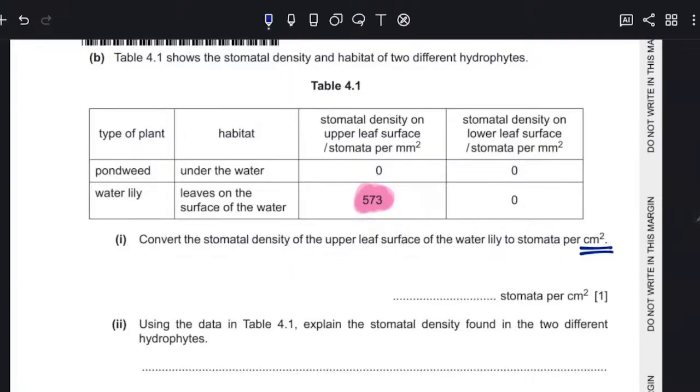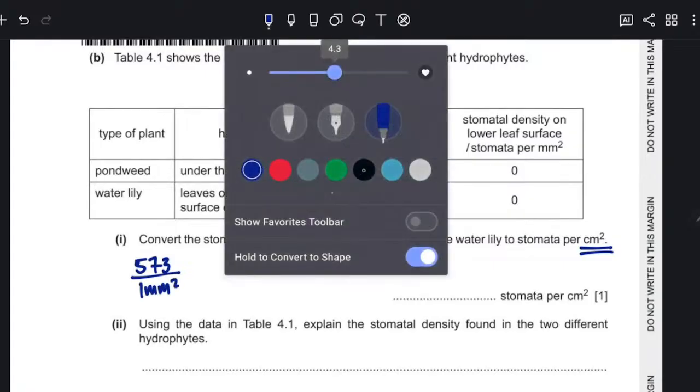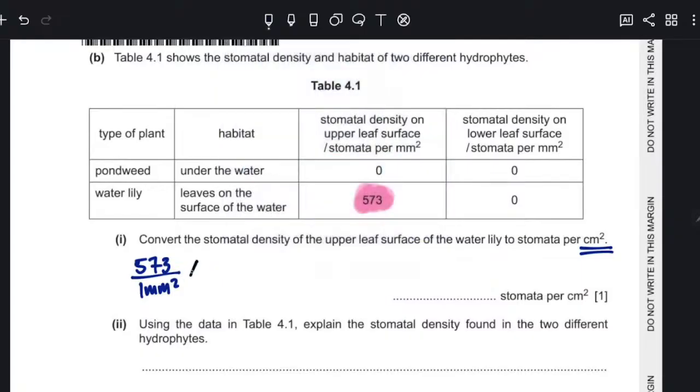Now, let's quickly do it. You have 573, and it's per millimeter squared. It's like you're saying over 1 square millimeter. Now, you need to change it to per square centimeter.